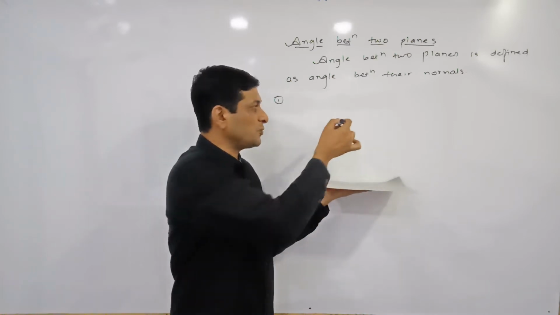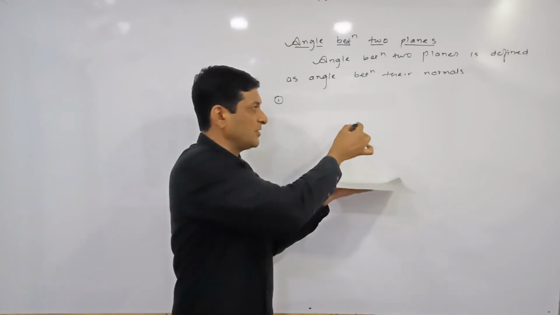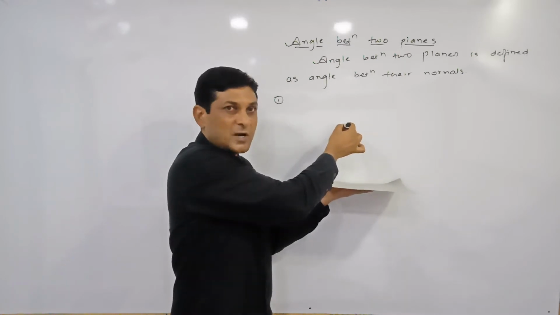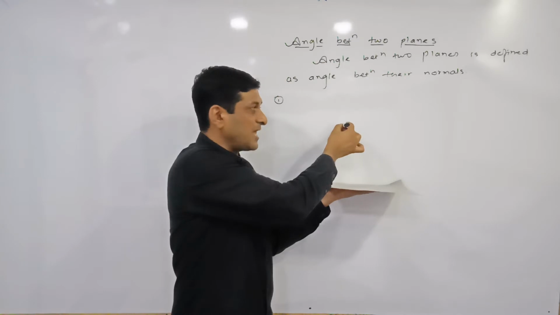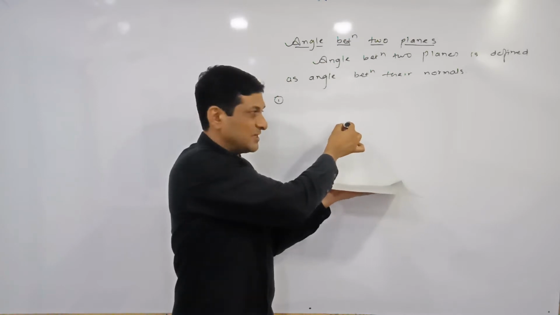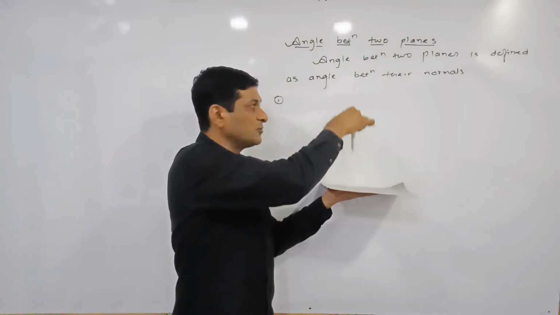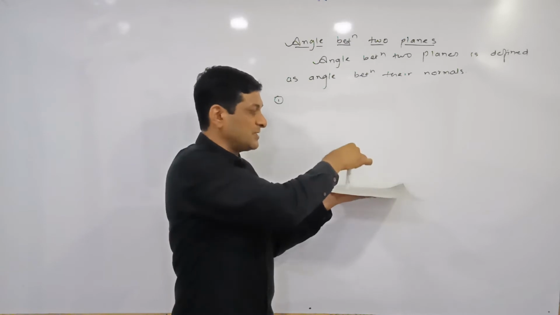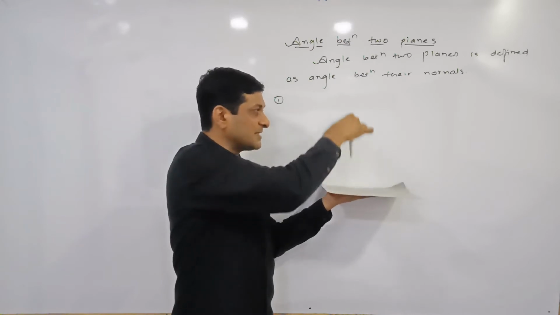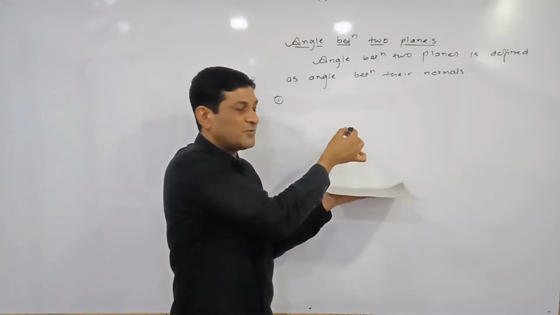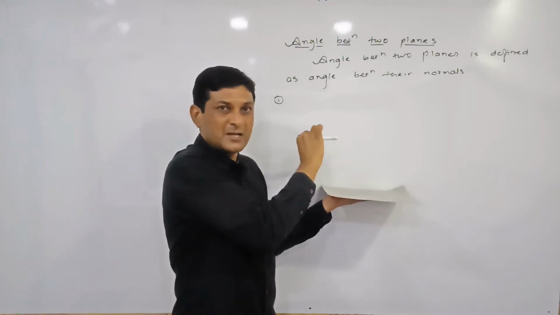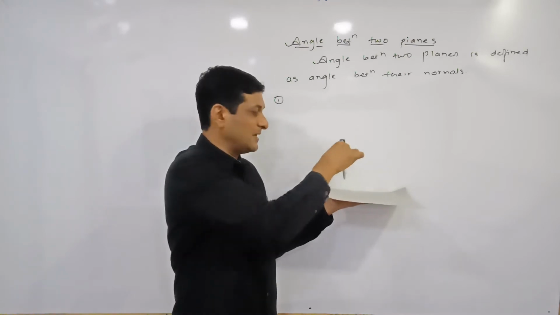So normal means what? This is the line which is perpendicular to this plane, and this line is called what? Normal. Now this line is normal to the plane first, and this line is normal to the plane second. So we can observe that normal to the plane second and normal to the plane first are also what? Perpendicular. If two planes are perpendicular then their normals are also perpendicular.